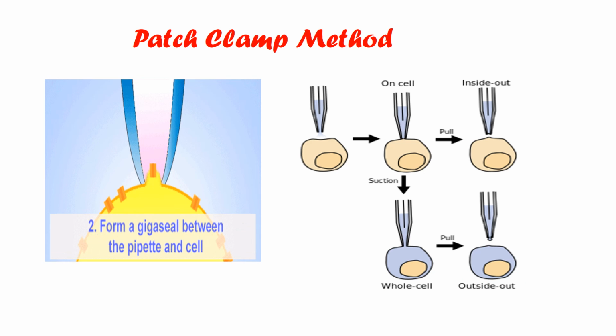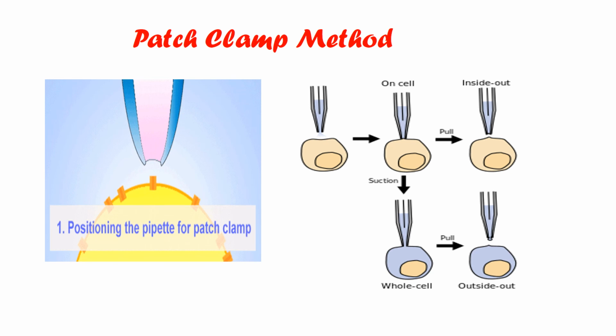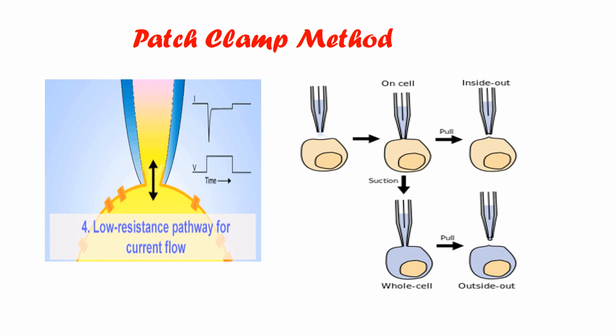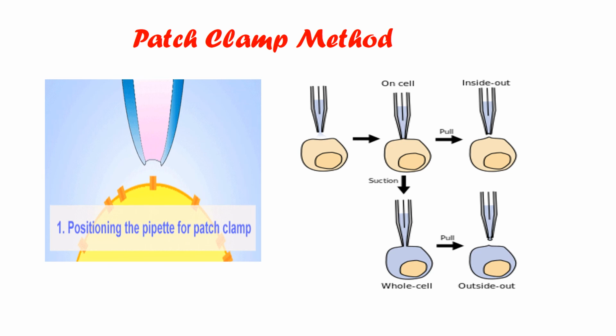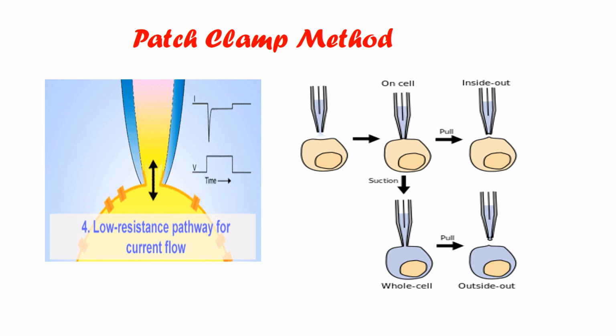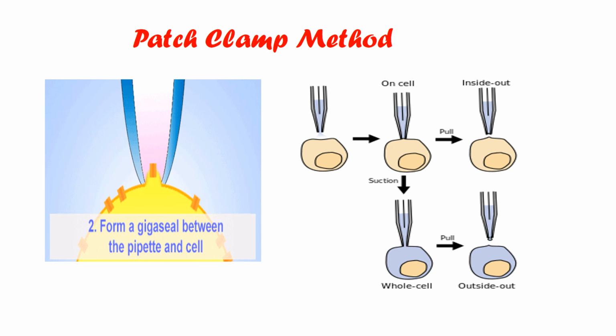Now if we try to learn how patch clamping is done, first of all, the patch clamp comprises a micropipette which has a tip diameter of only 1 to 2 micrometer, and it is placed against the cell surface. Once it is placed outside of the cell membrane, suction is applied. This suction results in the pulling of the edges of the membrane towards the pipette.